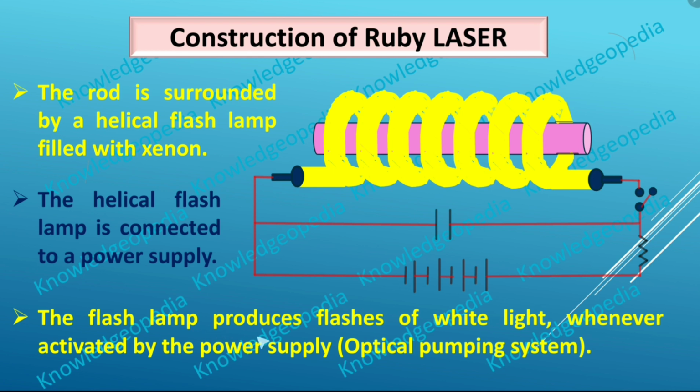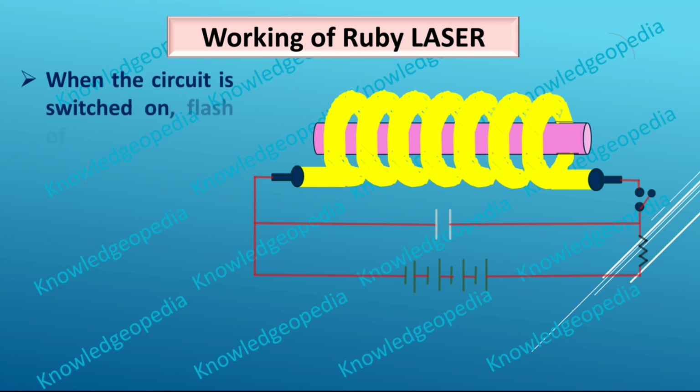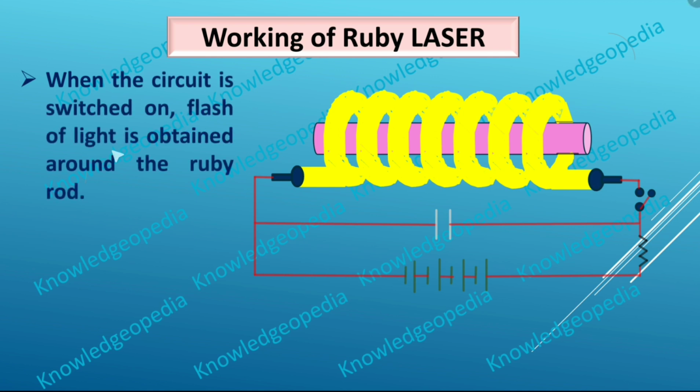So the flash lamp produces flashes of white light whenever activated by the power supply. Further, this white light helps in pumping, and that is why we have an optical pumping system in the case of ruby laser. So as I told, when the circuit is switched on, a flash of light is obtained around the ruby rod.